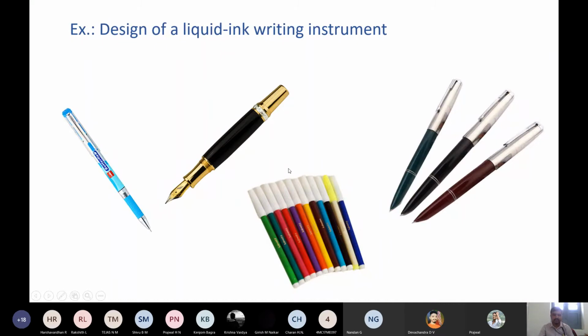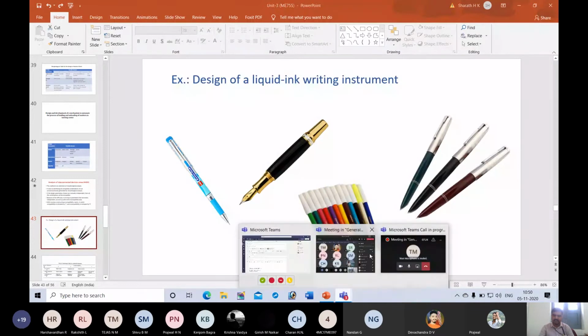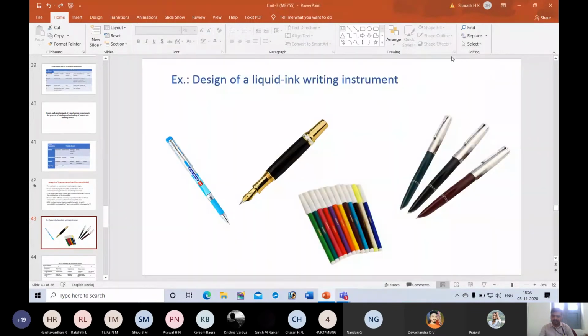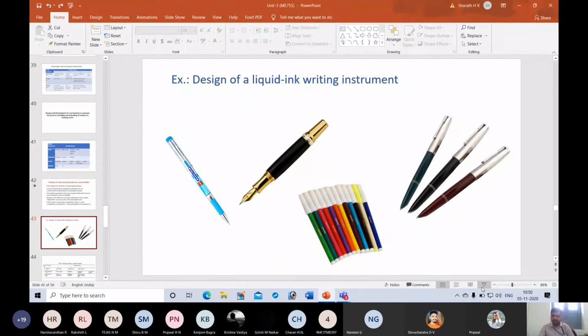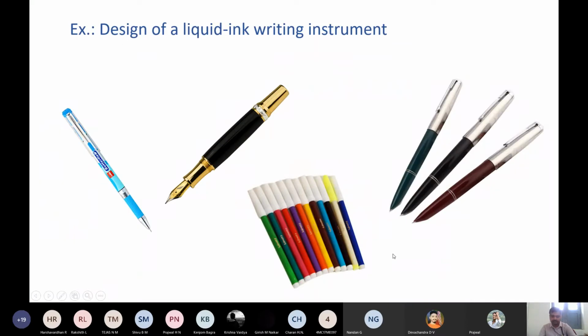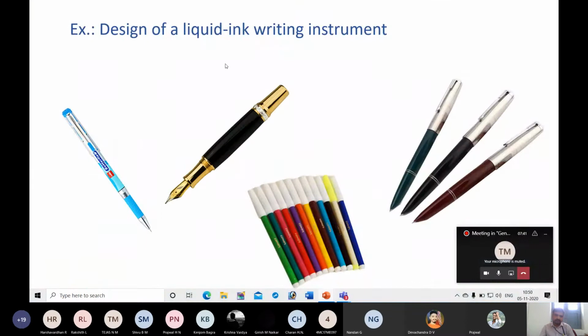We are going to consider a product called a liquid ink writing instrument. You are familiar with various types of pen.